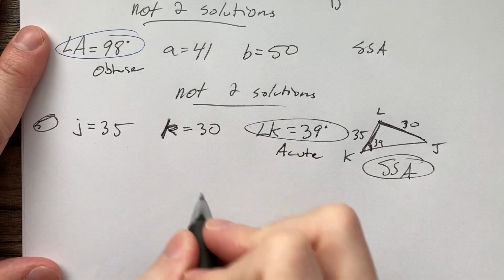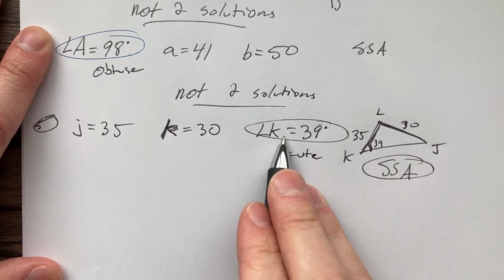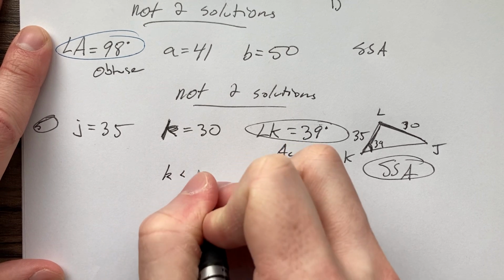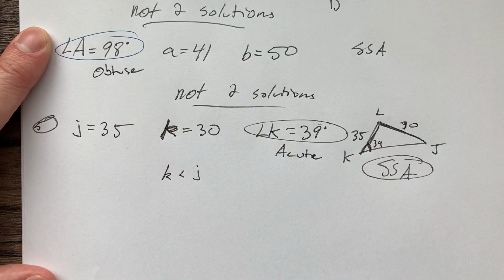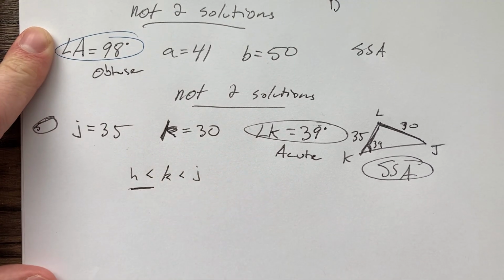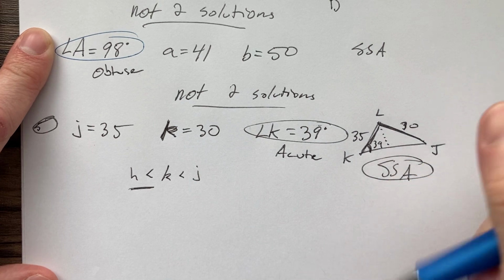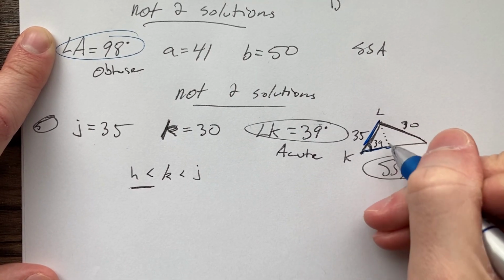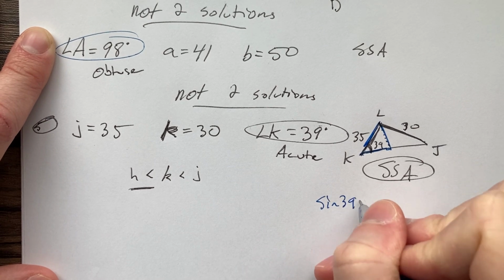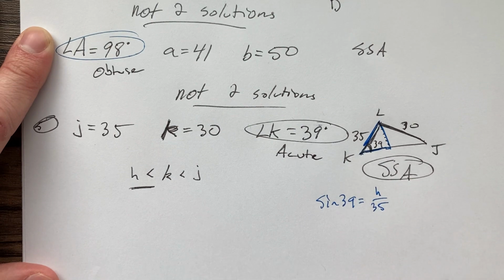Now the side opposite of the angle: angle K corresponds to side K right there. K is less than J. And now we need to check for the height. Drawing in the height on this creates this right triangle. So sine of 39 is going to equal the height over the hypotenuse, opposite over hypotenuse.